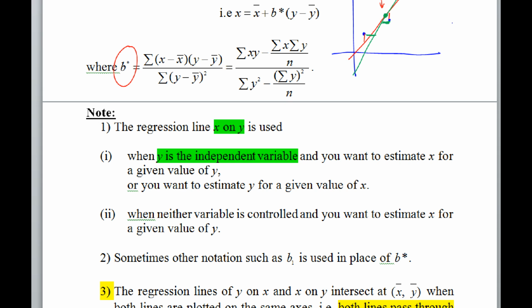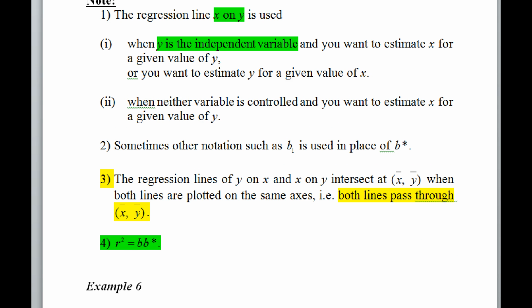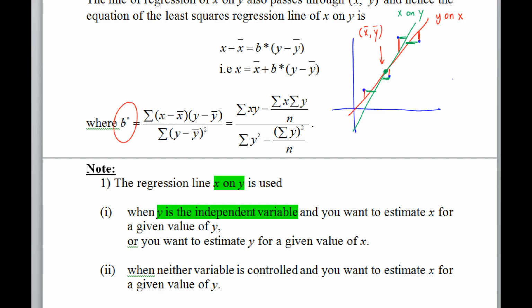But if x is the independent variable, if you want to estimate x given a value of y, then you use y on x. Okay? The third point is the one I mentioned just now. Both lines should pass through x bar, y bar. And it shouldn't be very different. The two lines here shouldn't look drastically different. They just have different slopes. Slightly different.